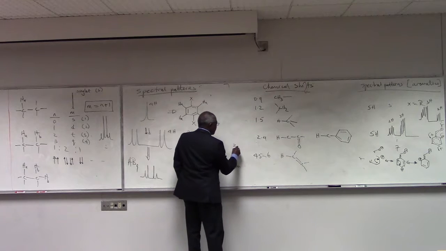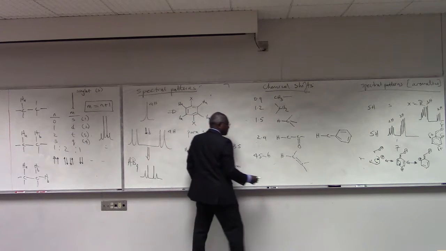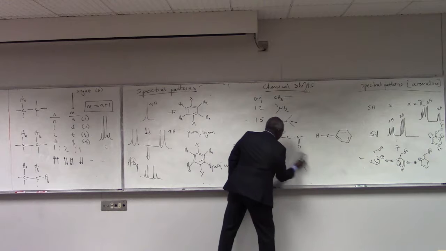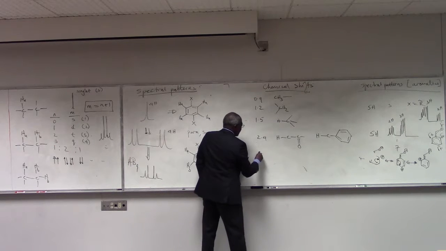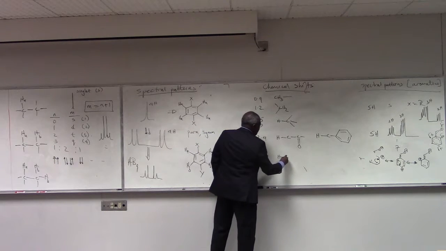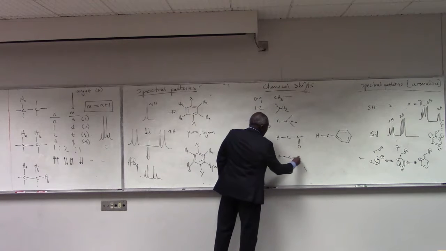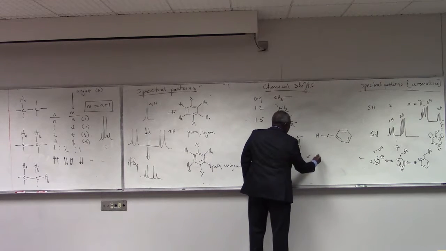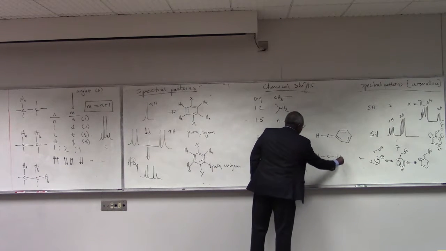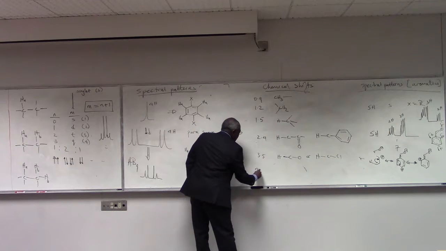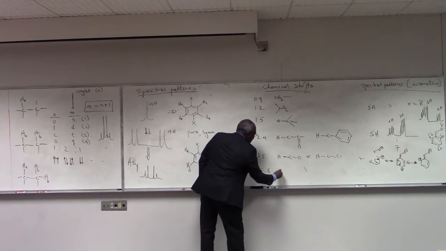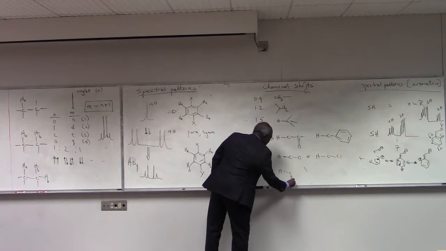Okay, so 3.5 would be H attached to carbon attached to O, or H attached to carbon attached to Cl. And then 4.5 to 6 is H attached to carbon-carbon double bond.